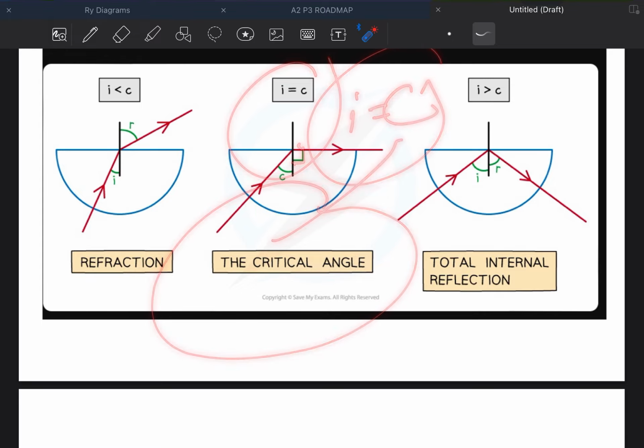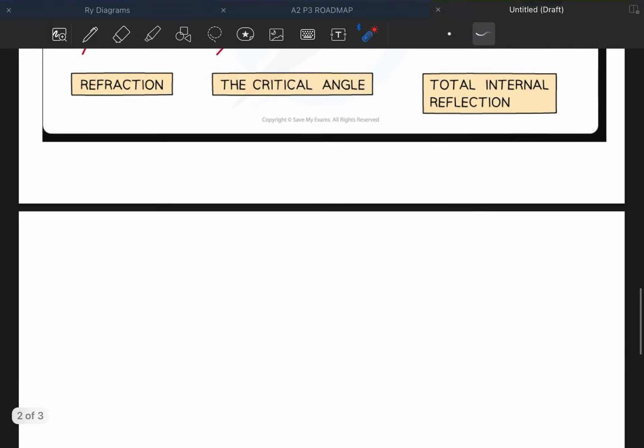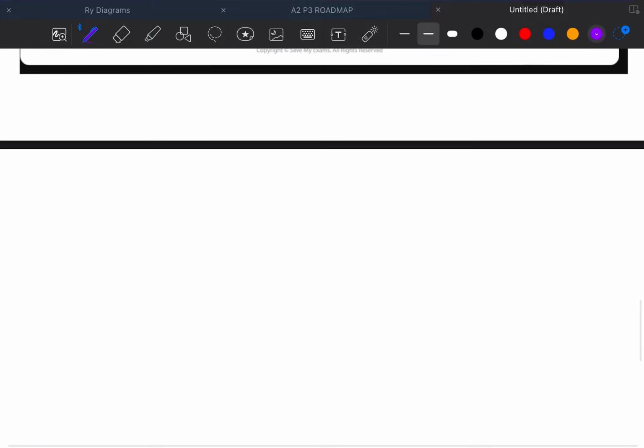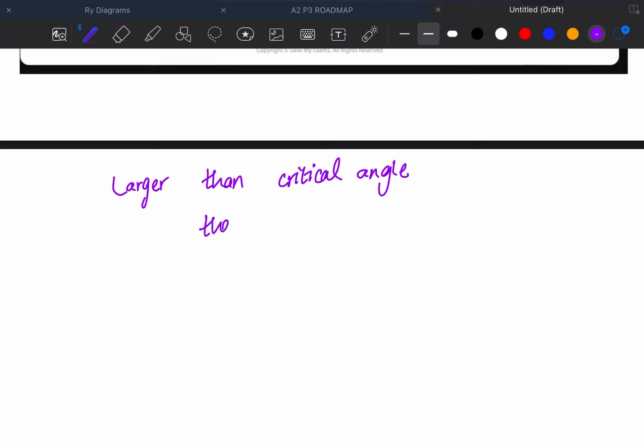Now, when the angle of incidence is larger than the critical angle, the refracted ray will then reflect.